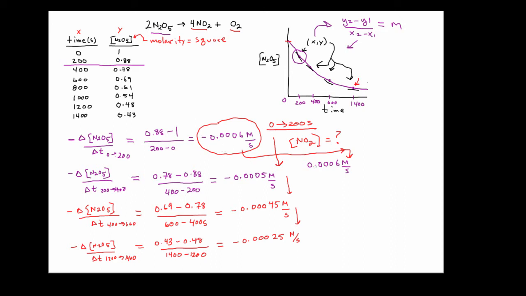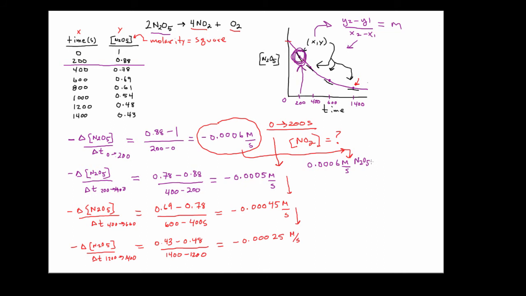So we're going to drop the negative sign to indicate that this is a rate of appearance versus one of disappearance. And to use the stoichiometry, I'm going to put a label on this. I'm going to call it what it is. It's N2O5. And this is the average rate for N2O5 at this time interval here.